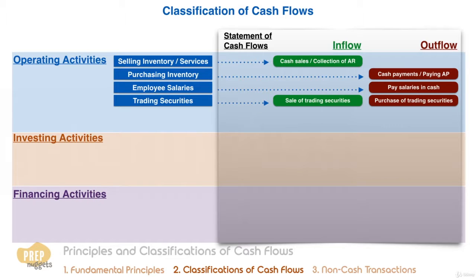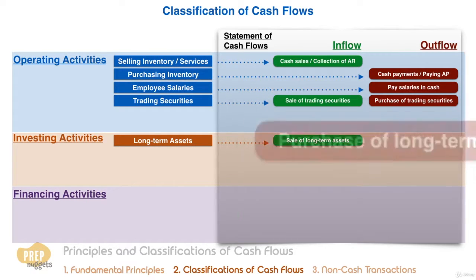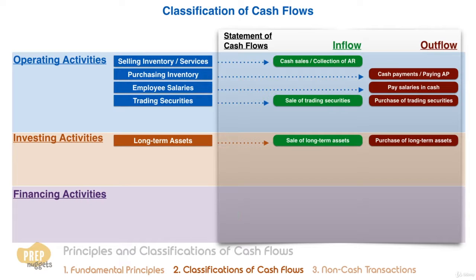Investing activities include purchasing and selling long-term assets and other investments. These long-term assets and other investments include property, plant and equipment, and intangible assets. Cash inflows include cash receipts from the sale of such assets. Cash outflows include payments for the purchase of these assets.